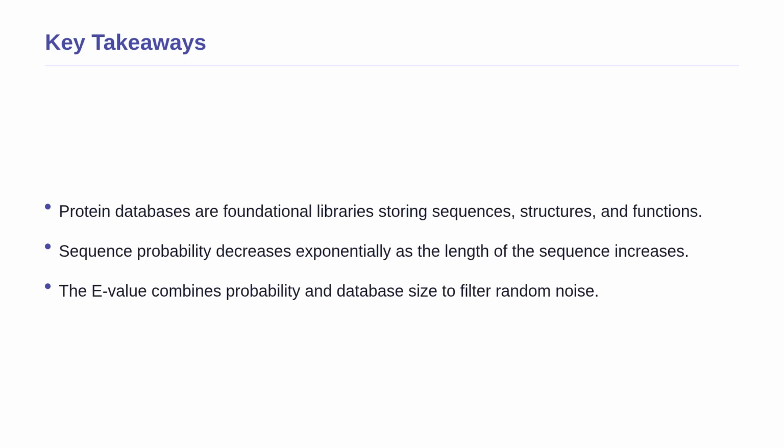Finally, by combining this probability with the size of the database, we calculate the expected value, or e-value, which allows researchers to confidently separate meaningful biological connections from random noise. You now understand the core principles of how modern biologists query and interpret the molecular machinery of life.